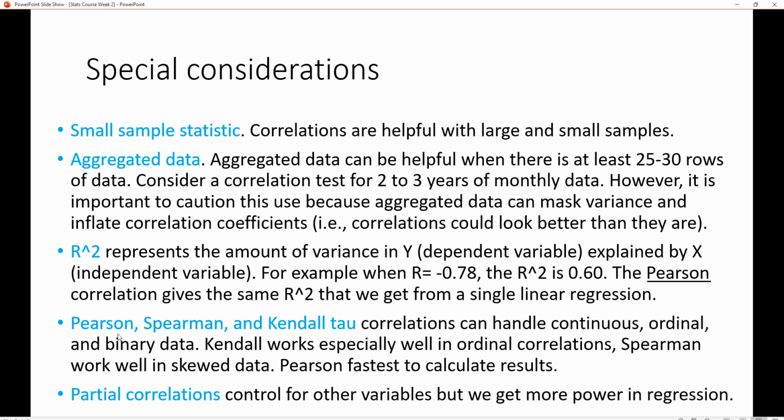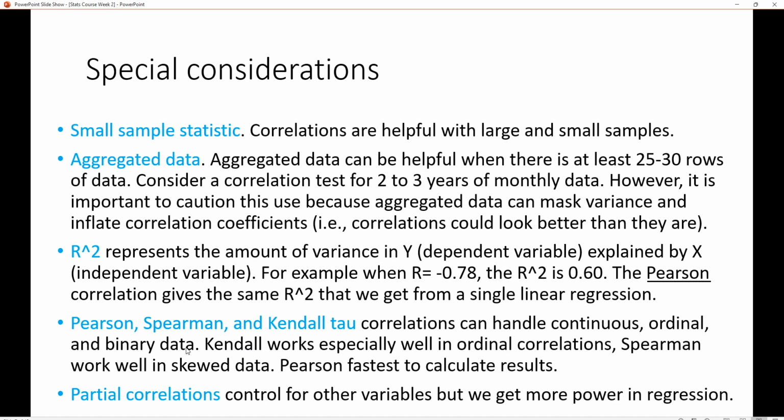The next consideration would be for the Pearson, Spearman, and Kendall-Tau correlations. These are good options to use for your correlations. You may want to use more than one for different purposes, but these three correlations can handle continuous, ordinal, and binary data.